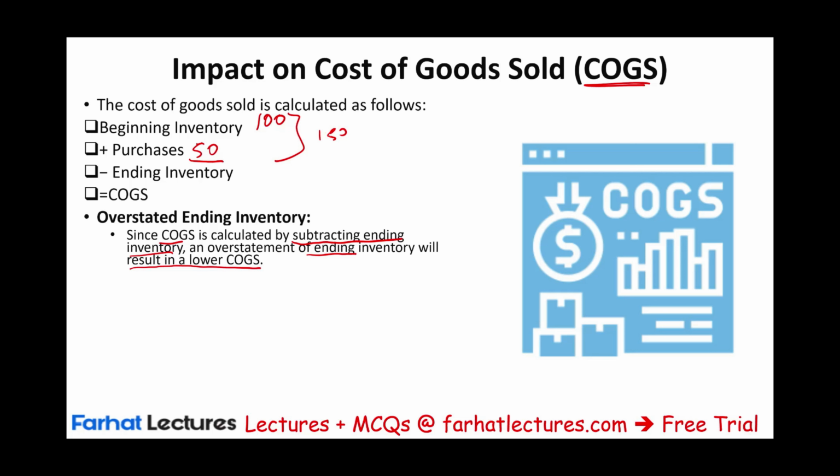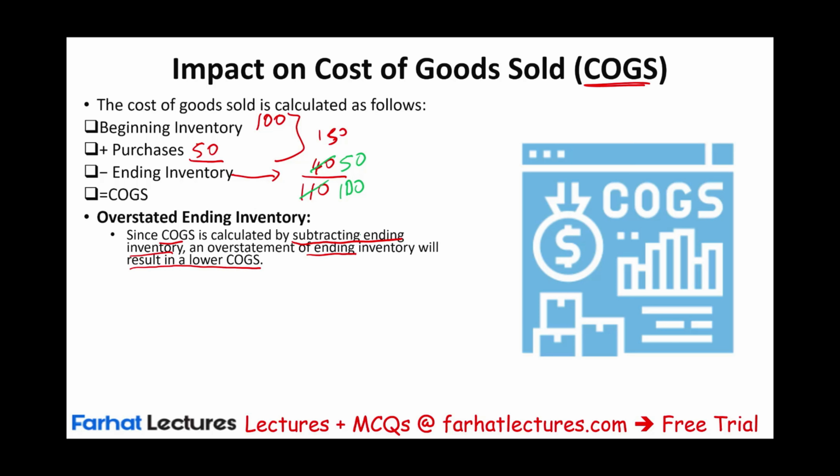Now we're going to subtract ending inventory. If I subtract $40 for ending inventory, my cost of goods sold is 110. If I say my ending inventory is not 40, it's a mistake, it's 50, then my cost of goods sold becomes 100.